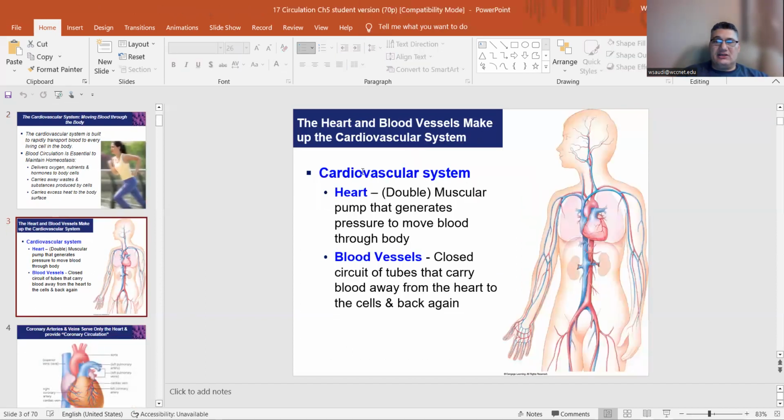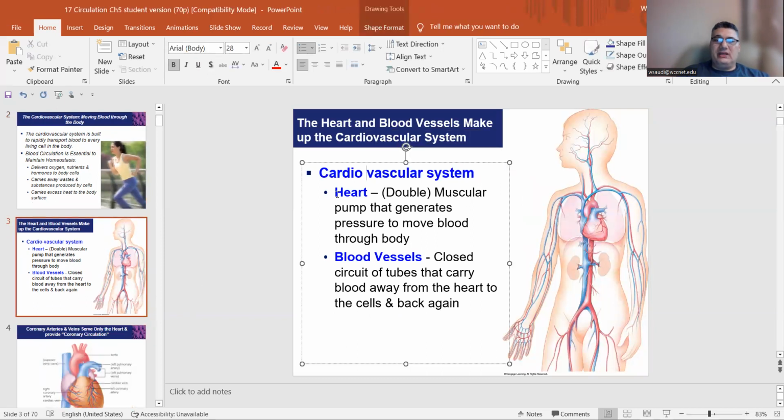So the cardiovascular system is two parts. Cardio means heart, vascular means vessels, and vessels are all these tubes taking the blood from the body to the heart, and from the heart to the body. All the tubes together: arteries, veins, arterioles, venules, capillaries. We will see it. And this is a closed circuit.